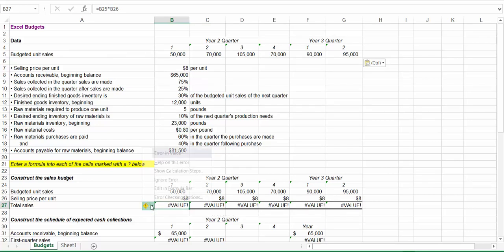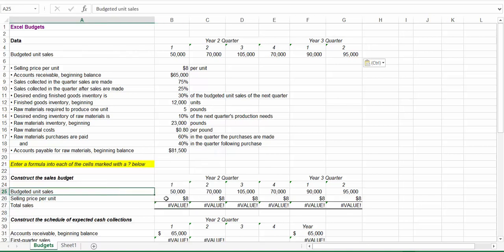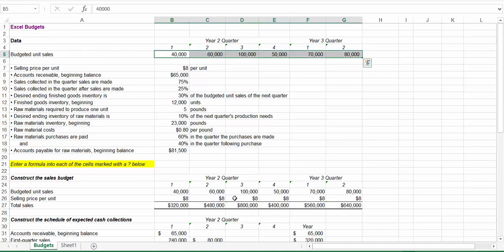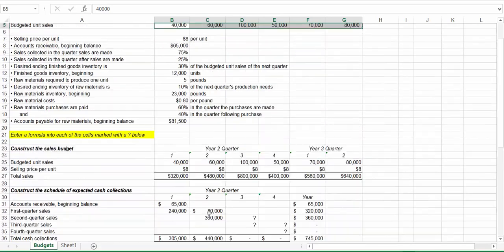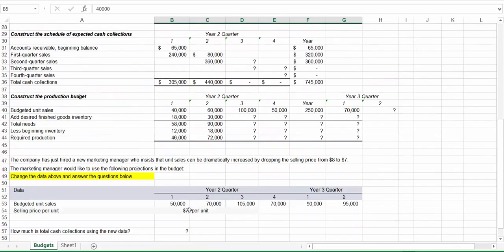I don't know. Let's see. Oh, I know what happened. There's something weird with this spreadsheet. These numbers are coming across as text instead of data. I remember this from previous that never got fixed. Just retype these numbers as numbers.